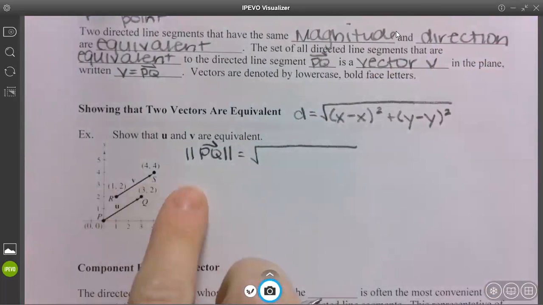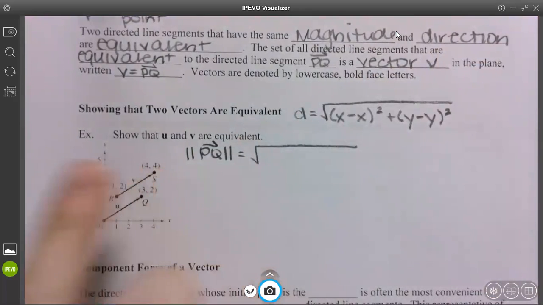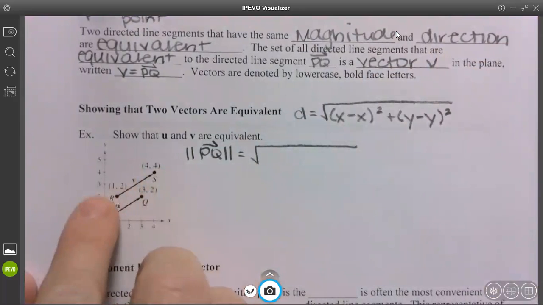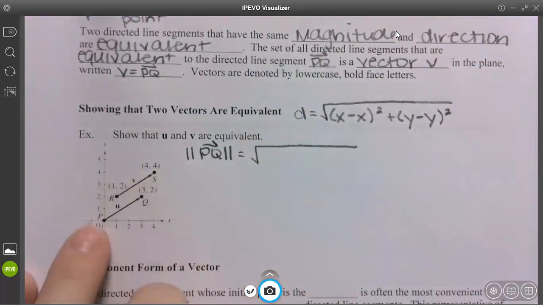And I always do it left to right. You might have seen it as x2 minus x1 plus y2 minus y1, which you would go backwards. It doesn't matter as long as you keep them consistent. So if you start with R and finish with S, when you go to your Y's, start with R, finish with S. Same thing, P to Q, then finish with P to Q.